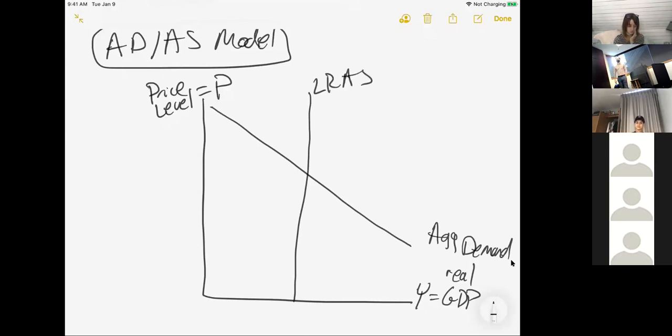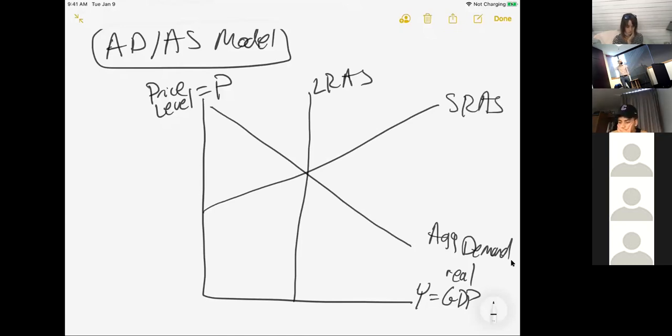That the long run aggregate supply curve can be thought like this, but the short run aggregate supply curve is upward sloping.